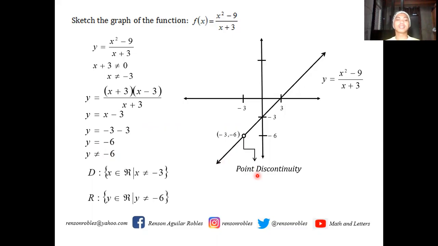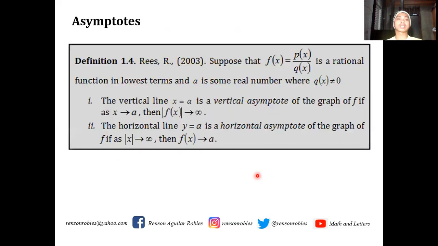And again, the domain of this function is the set of real numbers except negative 3. And then the range is the set of real numbers except negative 6. Okay. I have mentioned earlier the asymptotes, and this is a basic definition of an asymptote. How do you determine whether a line is a vertical asymptote or a horizontal asymptote?